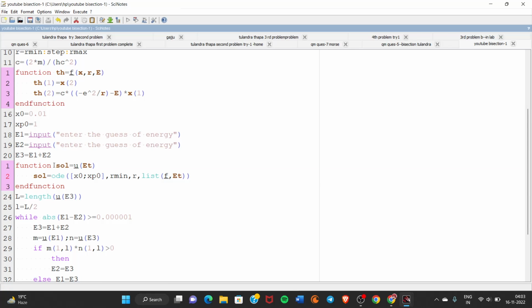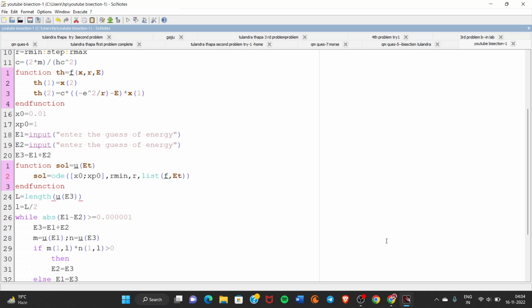This is correct. We have taken the input, we have dropped the function. I suppose there are syntax errors in this. R min, R max, list f comma e, and function length.